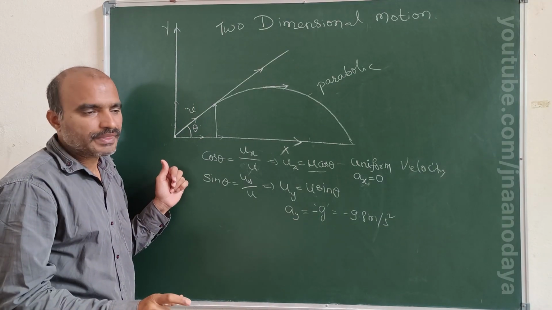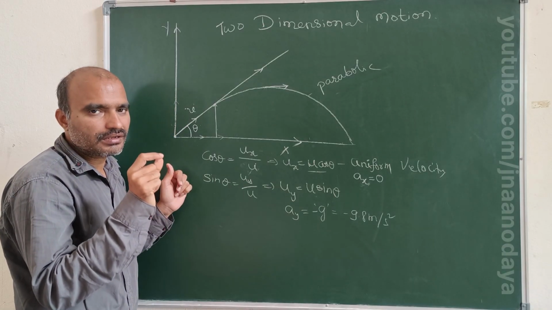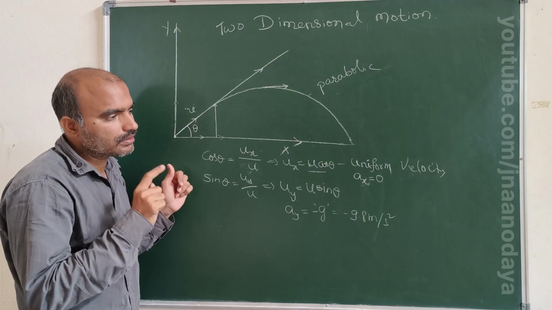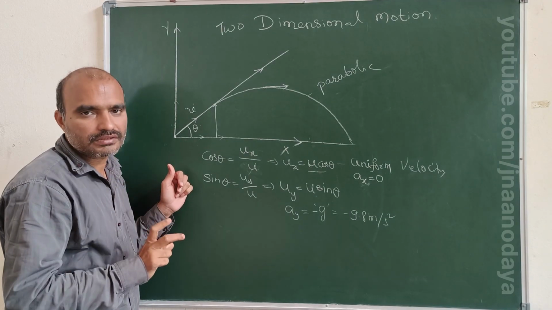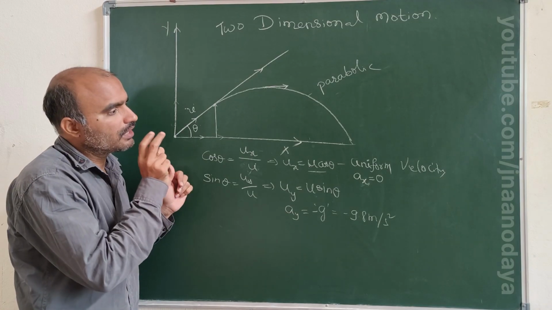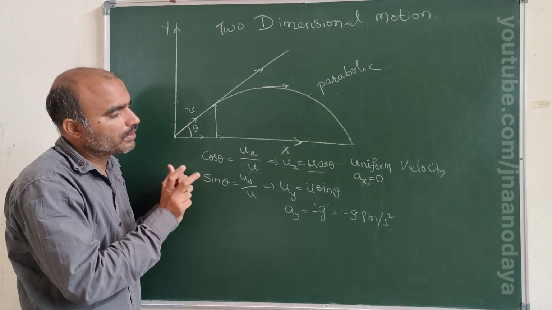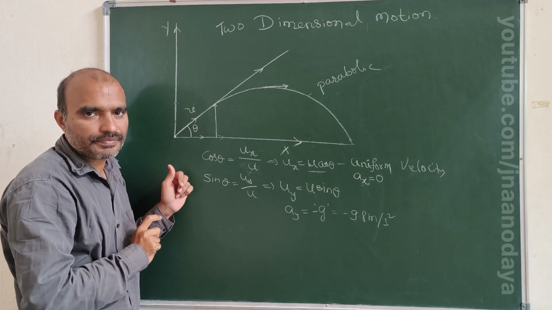So that is why, in the case of the vertical component of velocity, whatever equations of motion you have learnt, you have already learnt kinematics. So all those formulas you can apply here also, right? So let us derive all the formulae. Whatever formula we need here, we derive them, but we use only those formulae here, right?